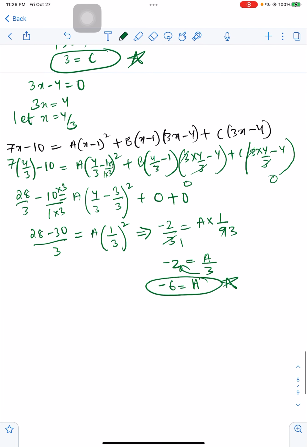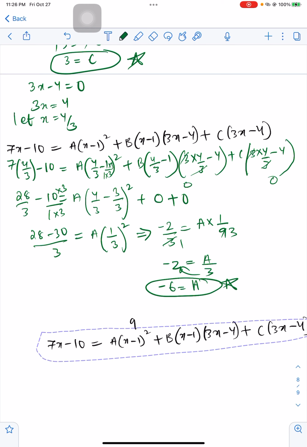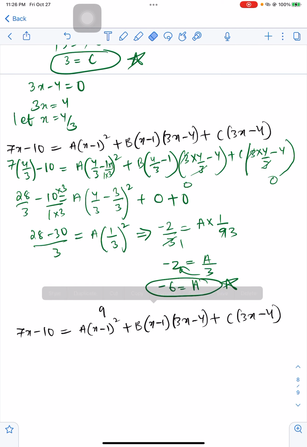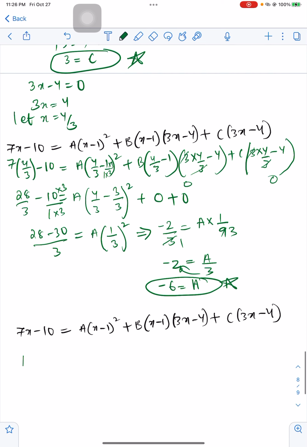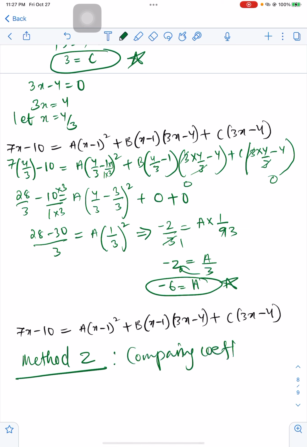Then now if you look at the main equation, your bracket is now exhausted. So now it's time to use method 2, which is comparing coefficients or comparing constants.